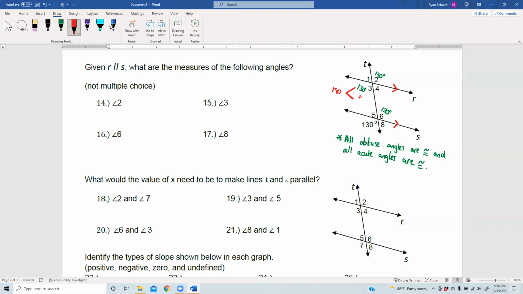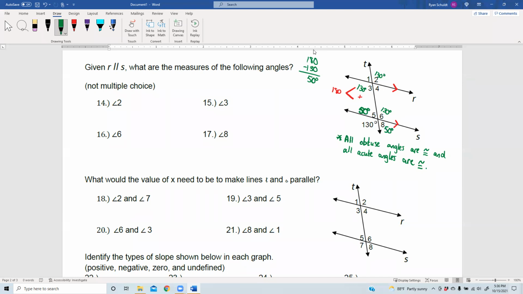So 130 plus what gives you 180? Well, let's do that over here. 180 minus 130 gives you 50 degrees. So this has to be 50 degrees. Well, if angle 5 is 50, that means angle 8 is 50.